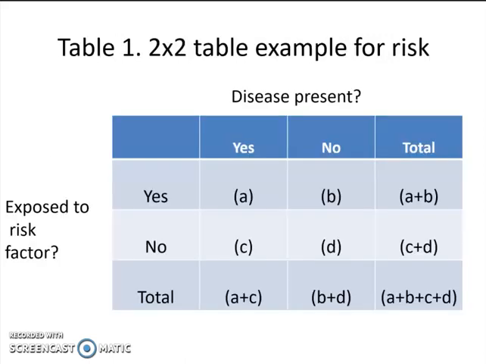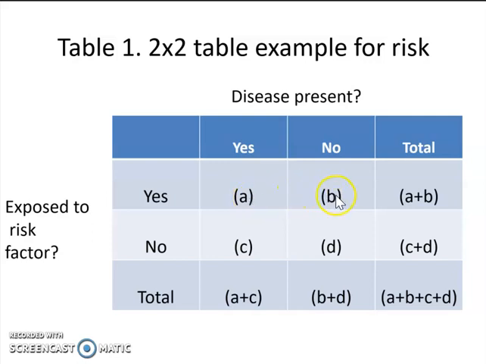This table shows a 2 by 2 table example for risk. We have the disease present and the exposed to risk factors. So we have four cells: A, yes for disease present and exposed to risk factor.